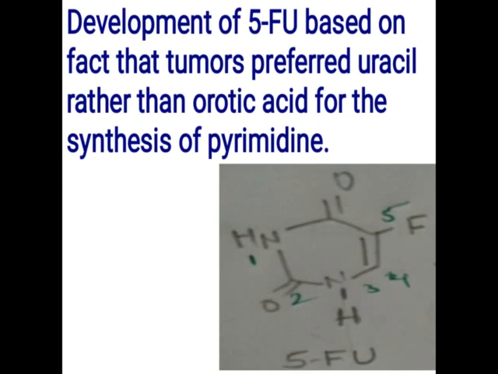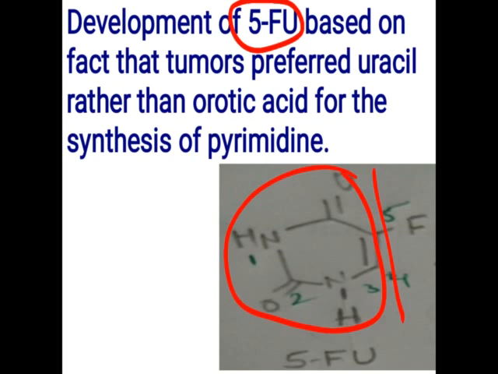So the first drug is 5-fluorouracil. If you leave this part of 5-fluoro and observe this structure, that is 1, 2, 3, 4, 5 and 6, if you leave this 5th position substitution of fluorine, the other part is the uracil part, and this uracil part actually enters into the synthesis of RNA.